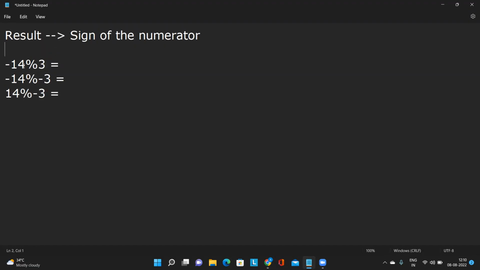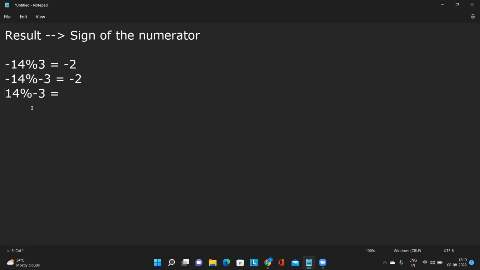What do I mean by this? Here, my numerator is a negative value. Hence, the result also will be a negative value. The result is going to be minus 2. Here again, my numerator is a negative value. I am not going to bother whether the denominator is a negative or a positive number. Again, here also my numerator is a negative value, so my result also will be negative.